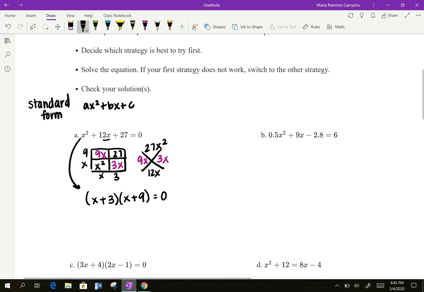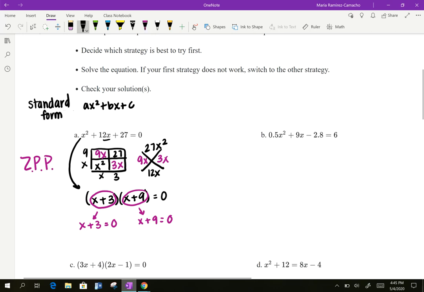And now the zero product property, ZPP for short, tells us that when we're multiplying two factors to get 0, one of those factors has to be 0. So take this x plus 3 and set it equal to 0. Take this other factor, also set it equal to 0. Now you have two linear equations that you can solve for x.